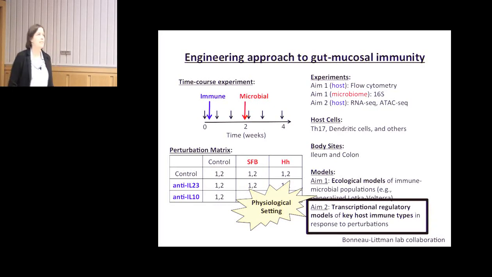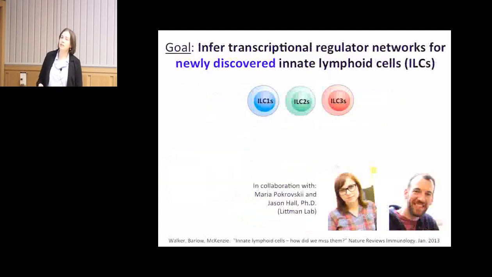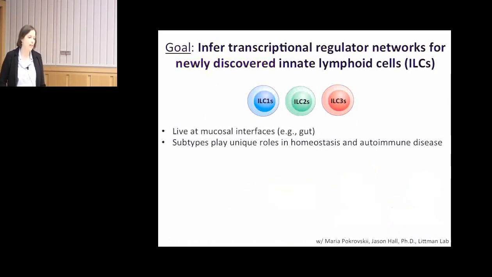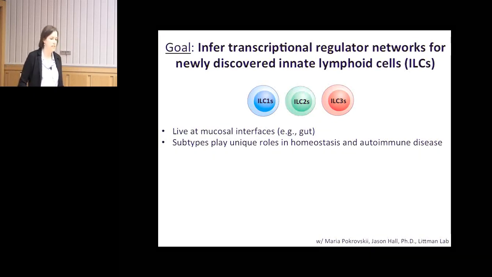But one of the first things that we decided to focus on was to infer transcriptional regulatory networks in a newly discovered immune cell type, discovered in the last 5 or 6 years, known as innate lymphoid cells. This is in collaboration with Maria Prokofsky and Jason Hall in the Littman lab. I'm not going to go too much into the immunology, but these 3 innate lymphoid cell (ILC) subtypes live at mucosal interfaces, and each of them plays unique roles in homeostasis and has also been implicated in different autoimmune diseases.